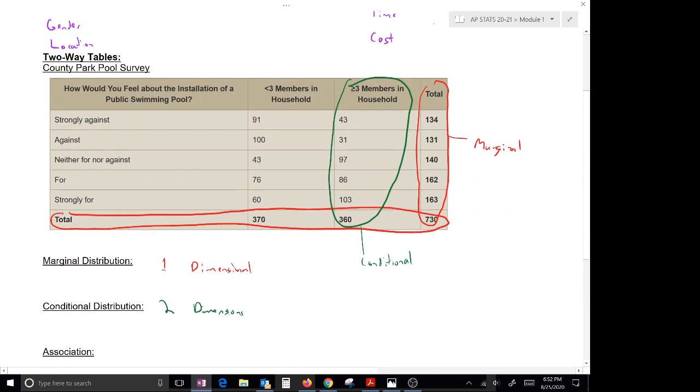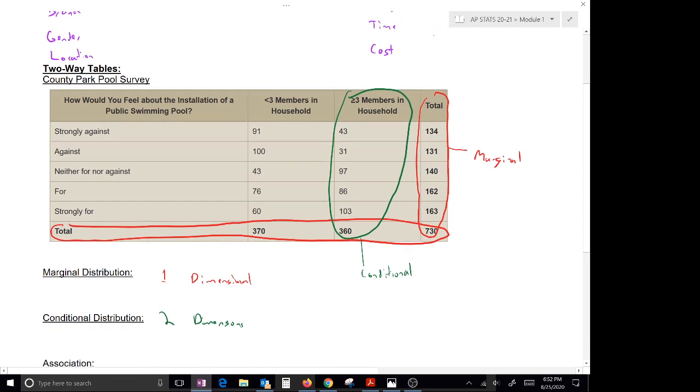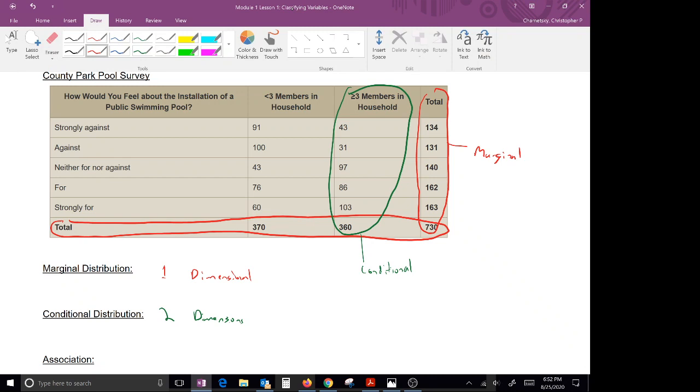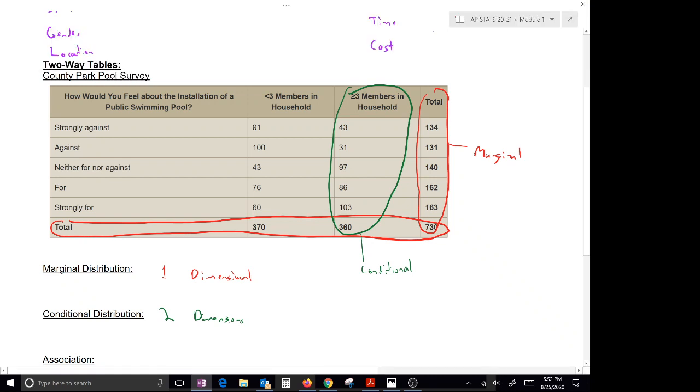So, association. Association means: is there a relationship between our categories? Something you want to avoid is thinking of it as the same term as correlation. Correlation is something we'll talk about later.